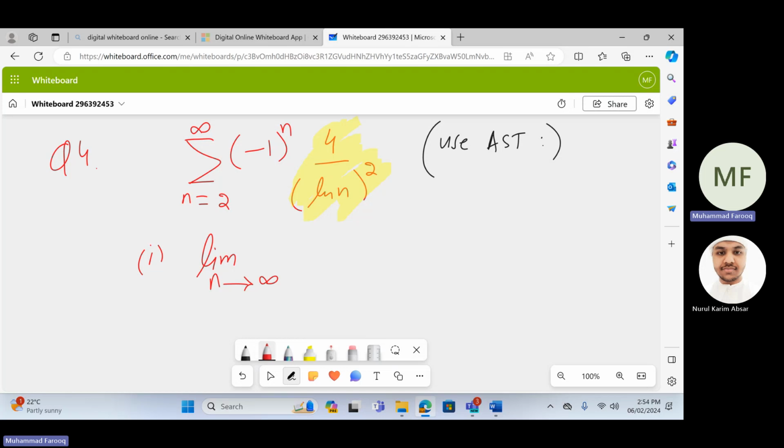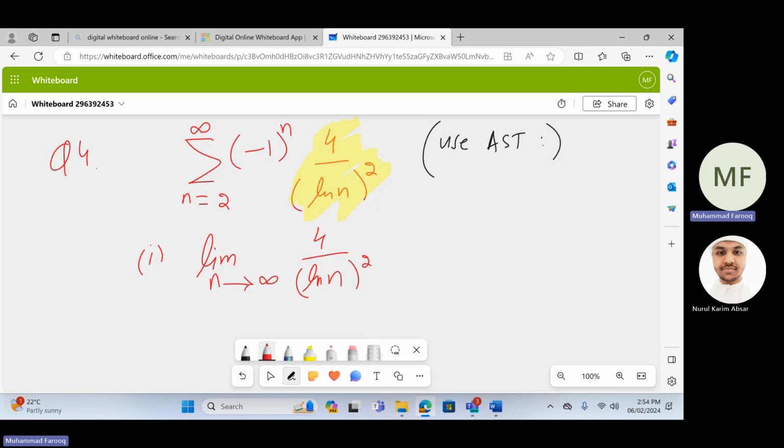So we have to find 4 divided by ln n, with power 2. Can I use L'Hôpital's rule here? Possible here? Yes or no? No. Why no?